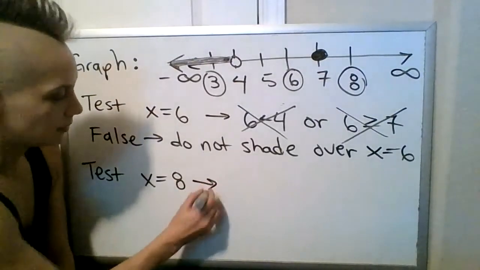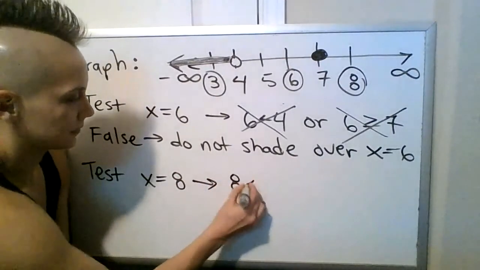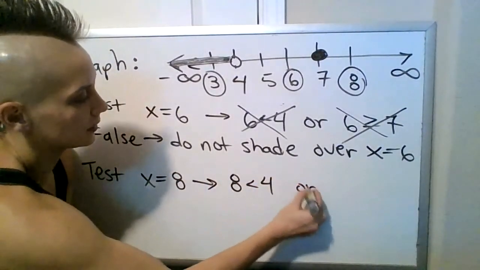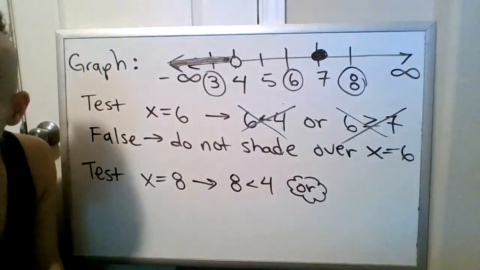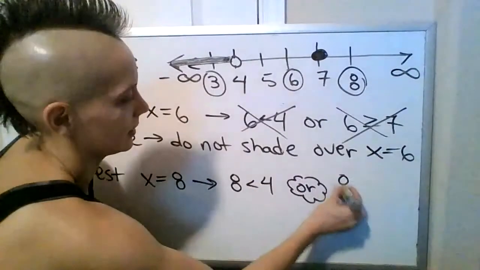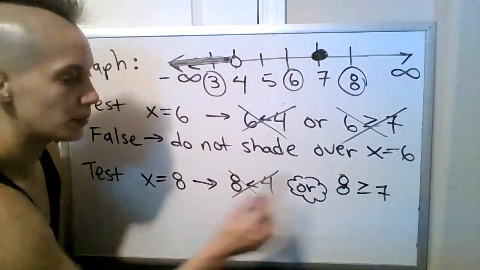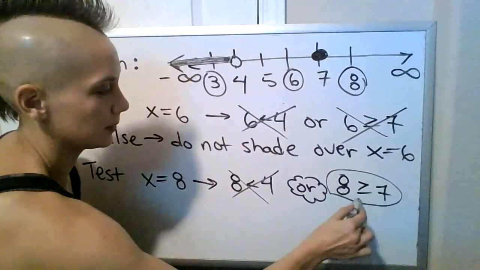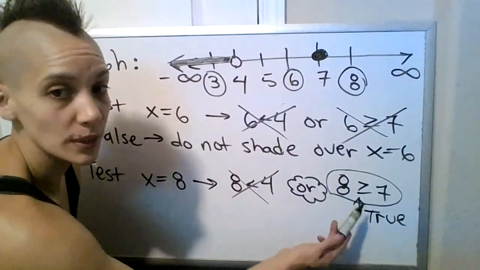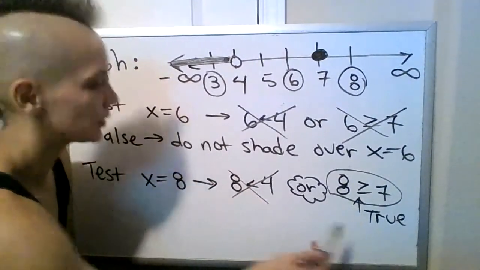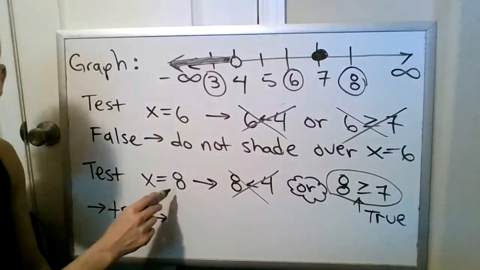We're going to have 8 less than 4, or is 8 greater than or equal to 7. This part is false, but the other part is true. Or you just need one side or the other side true. Since that piece is true, the statement is true. So we will shade over 8.